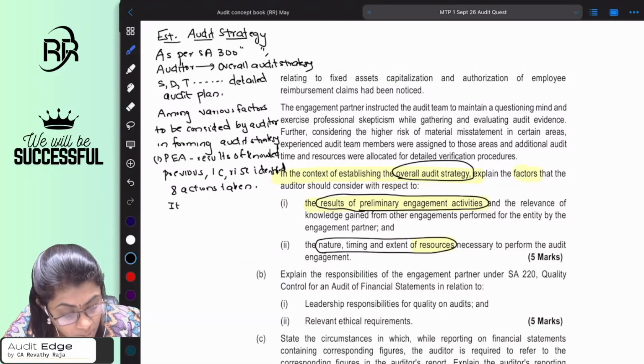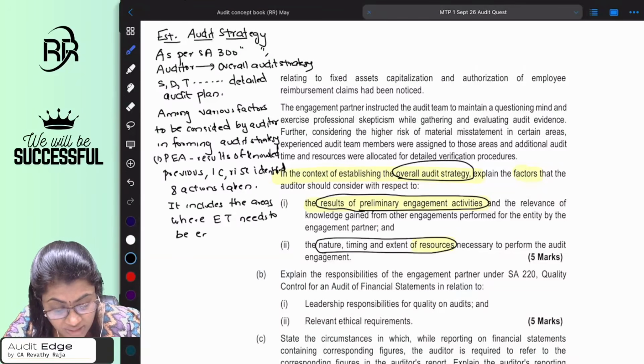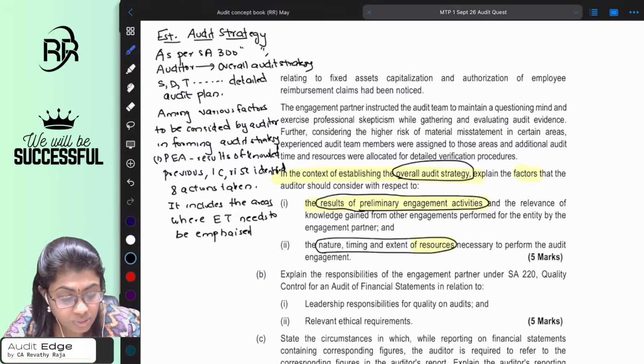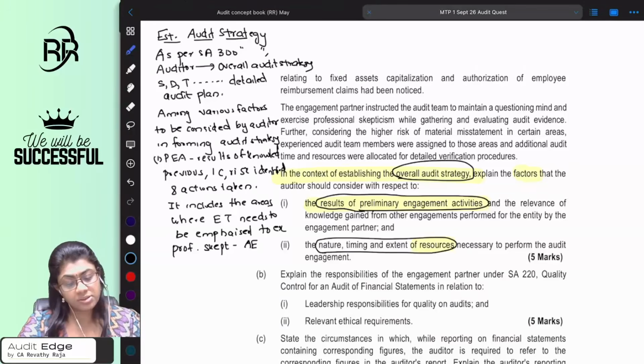It also includes the areas where the engagement team needs to be emphasized to exercise professional skepticism in evaluating audit evidence.